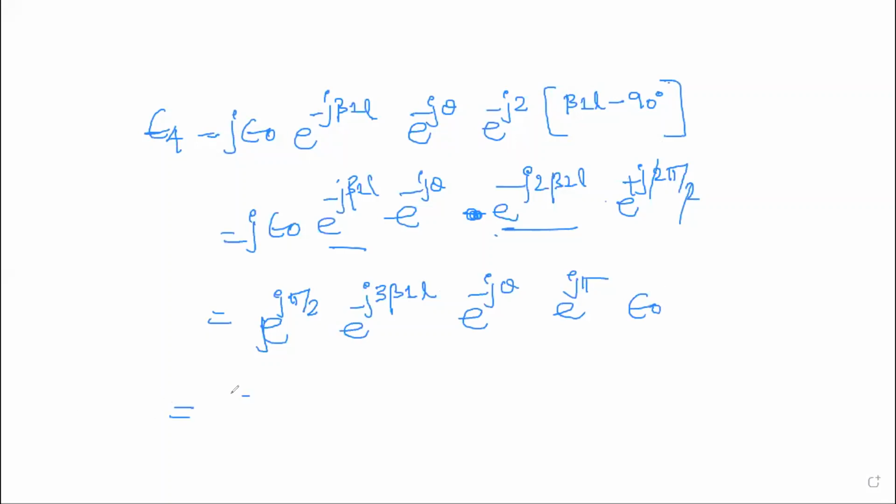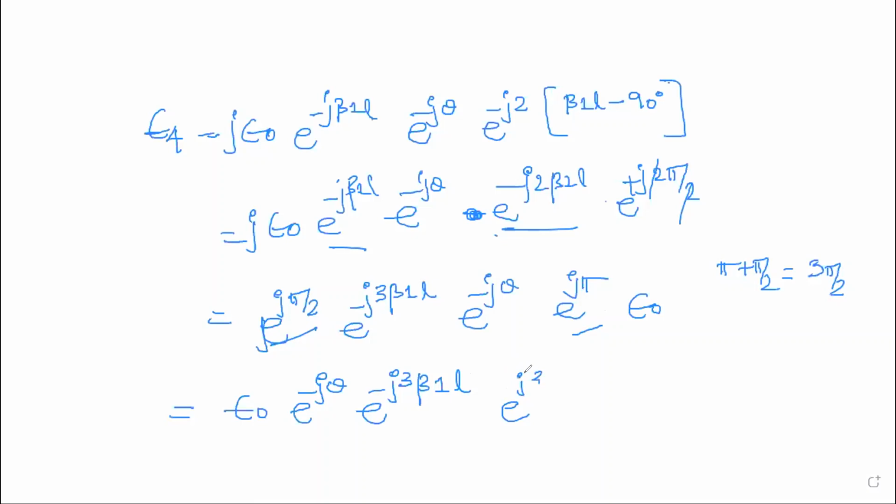So the final equation will be E naught, e to the power minus j theta, e to the power minus j 3 beta 1L. This and this term, that is pi plus pi by 2, will give you 3 pi by 2. The term here will be e to the power j 3 pi by 2.